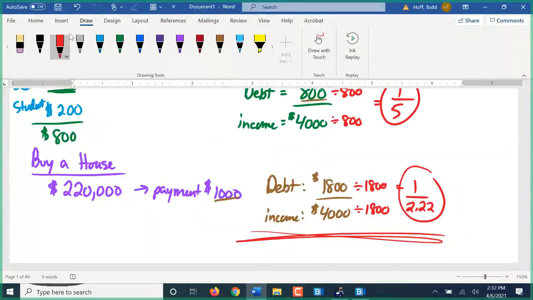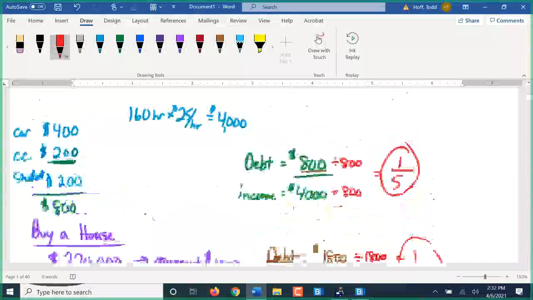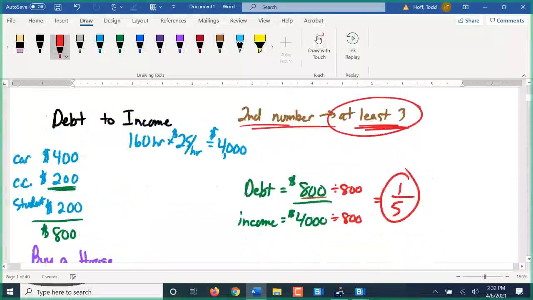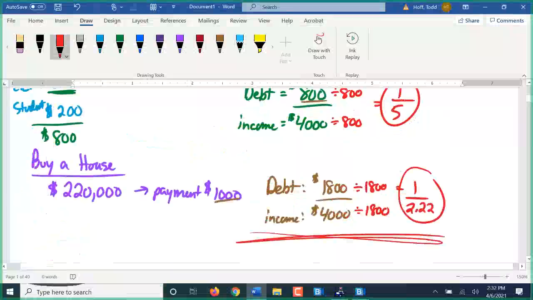What happened there in a lot of cases was government bodies that push for low-income loans and stuff like that were pushing banks to lower their standard. Instead of doing at least a 3 for that second number, they were pushing them to go down to a 2 for that second number and still give out those loans.